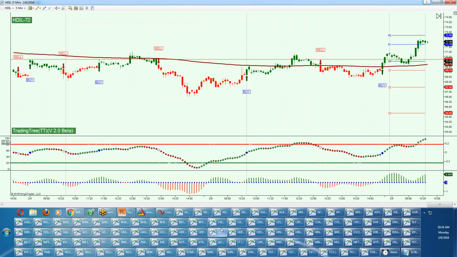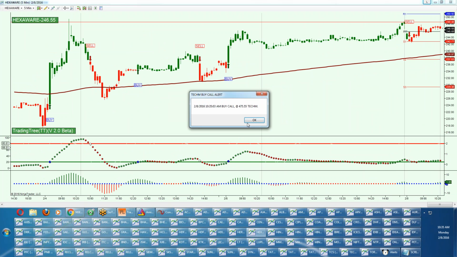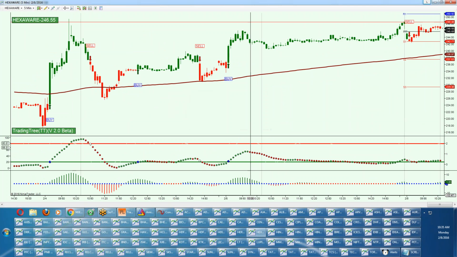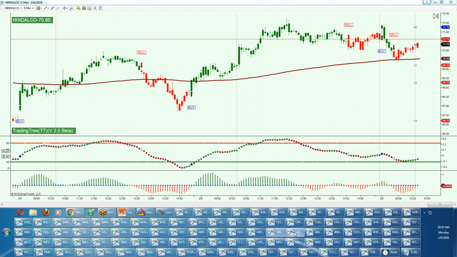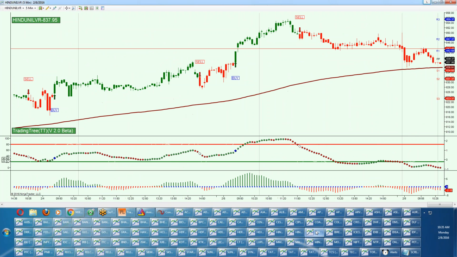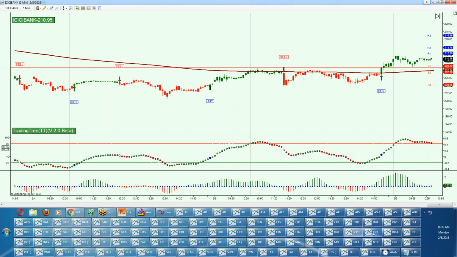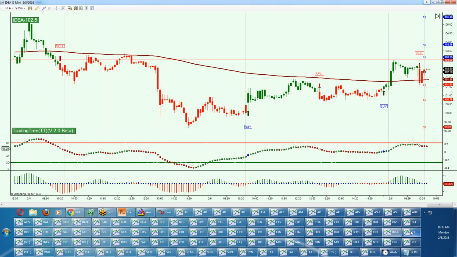You can see that the buy got triggered here at 71. Now it is at 72. Tech Mahindra, we have a buy. In Petro, the sell has triggered. HUL, IB Real Estate, the buy has triggered. You can see that. ICICI, IDBI, Idea, the sell has not triggered.